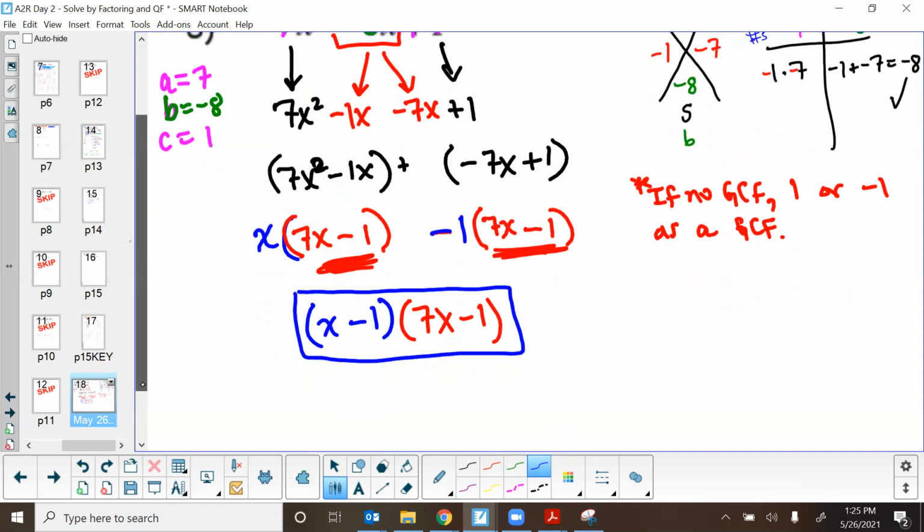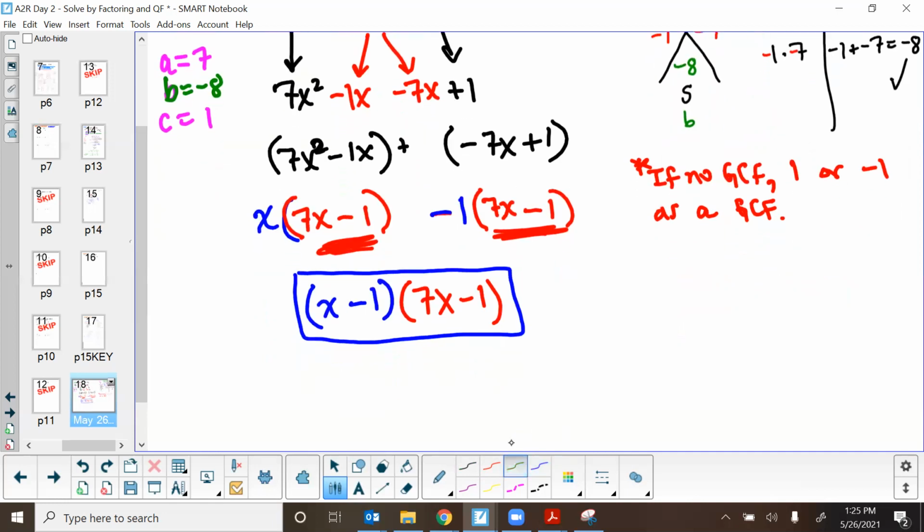And of course, I'm going to check my work. So as a check, remember that you can do what we did before, which is x times each of these. So that's x times 7x minus x times 1. It's really x times -1. And then -1 times each of those.